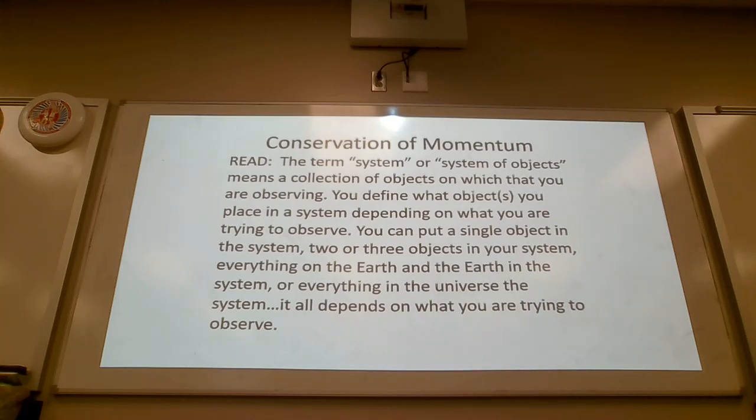You can put as few as one object in the system. You could put many objects in the system. You could put the whole universe in the system if you really wanted to. Probably wouldn't be beneficial, but it's just a way to say, hey, I'm focusing on these objects.